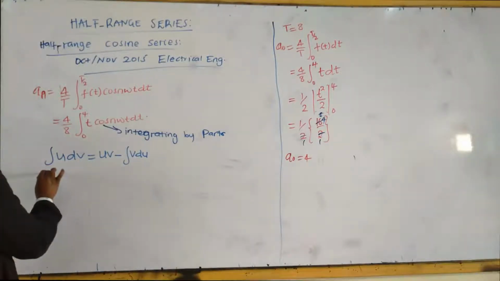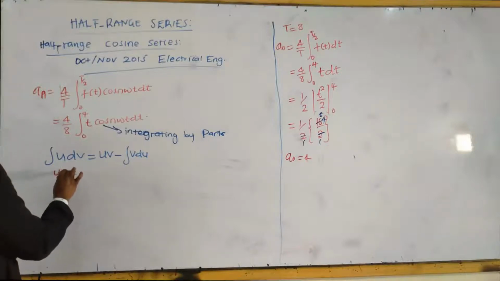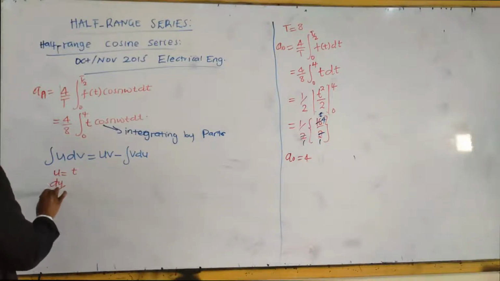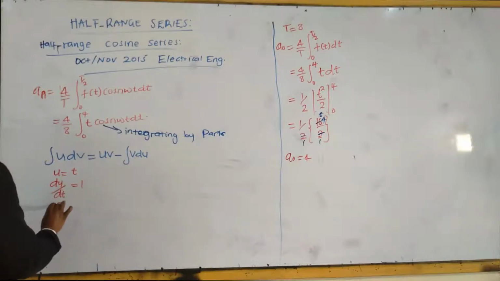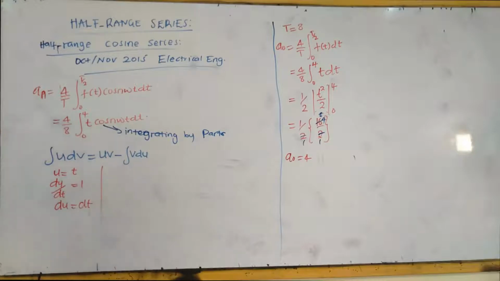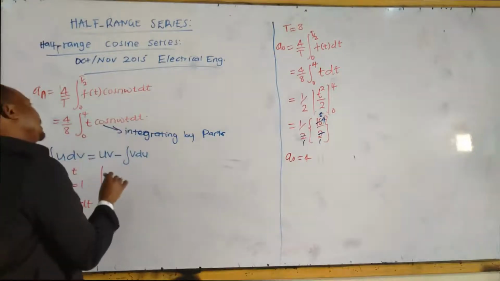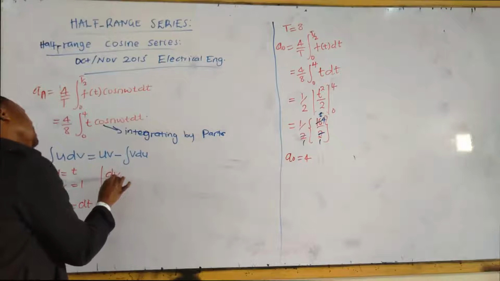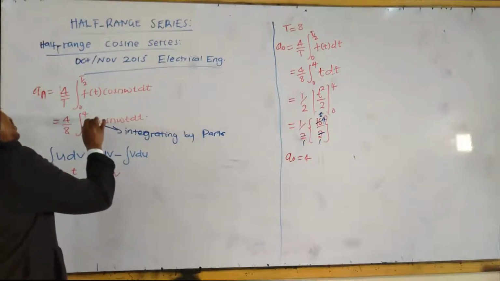Our u is equal to t. Differentiate both sides: derivative of u with respect to t is 1, meaning du is equal to dt.